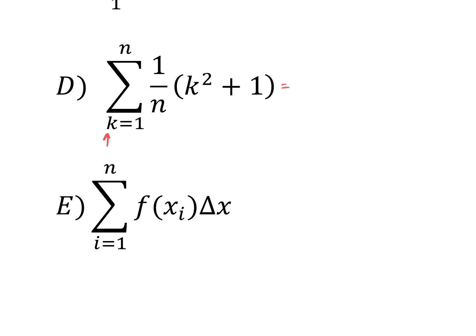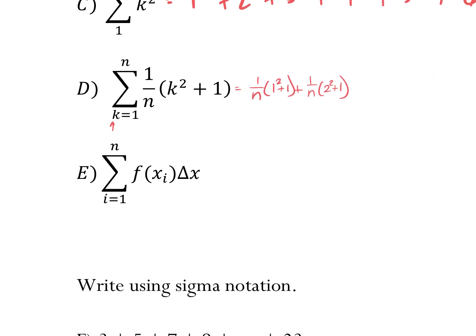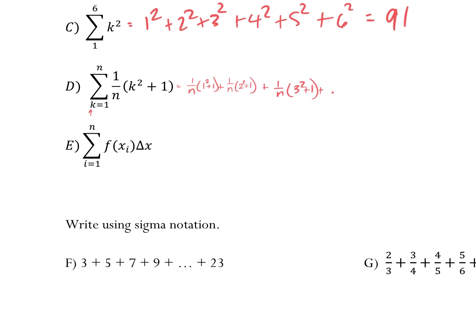So I have 1 over N times 1 squared plus 1 plus 1 over N times 2 squared plus 1 plus 1 over N times 3 squared plus 1 plus all the way up to 1 over N times N squared plus 1.